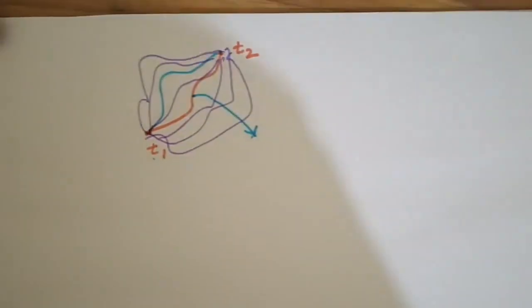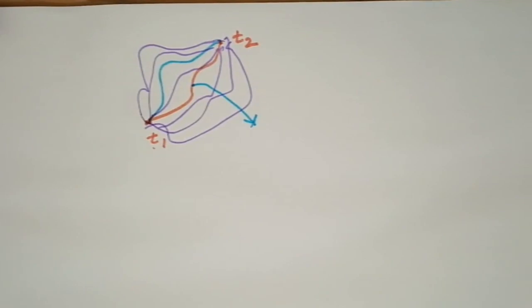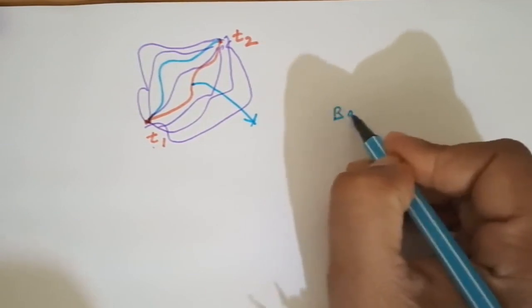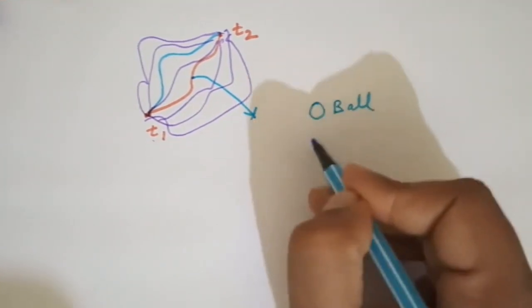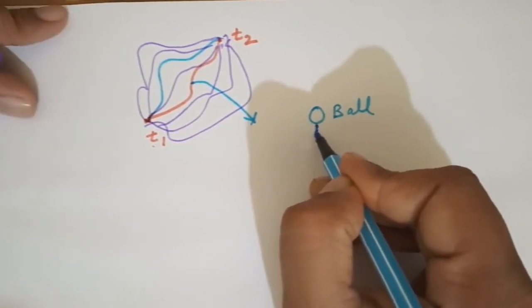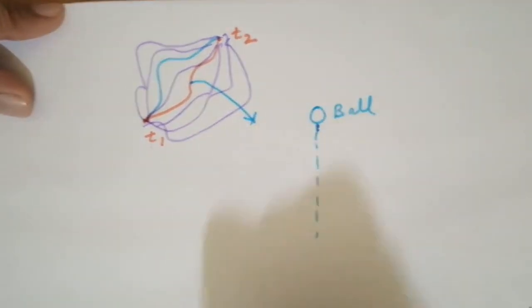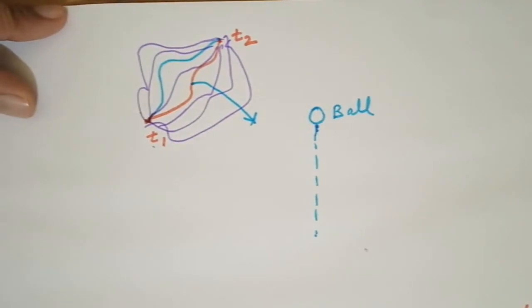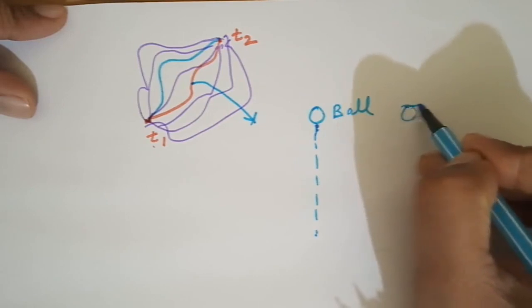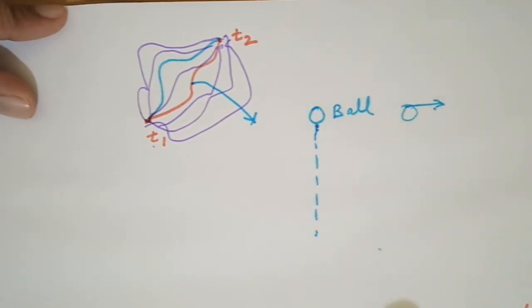Now why does it do so? For instance, in physics, say I have a ball here, and I simply allow it to freely fall. What do I know? It will simply follow this path. Now if I give some initial velocity to this ball, what will happen?